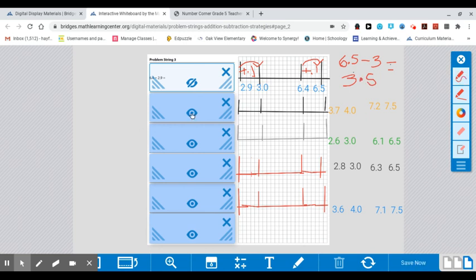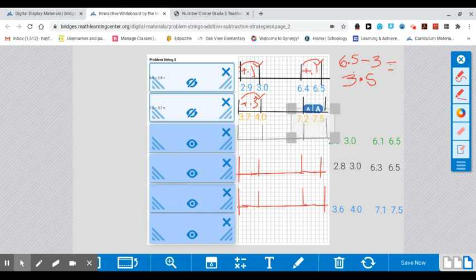Our next problem is 7.2 minus 3.7. So I know, looking at these numbers, if I add 3/10 to each number, it creates better numbers to subtract. So let's go 3.7 plus 3/10, or 0.3, brings us to 4.0. And what we do to one number, we have to do the same to the other.